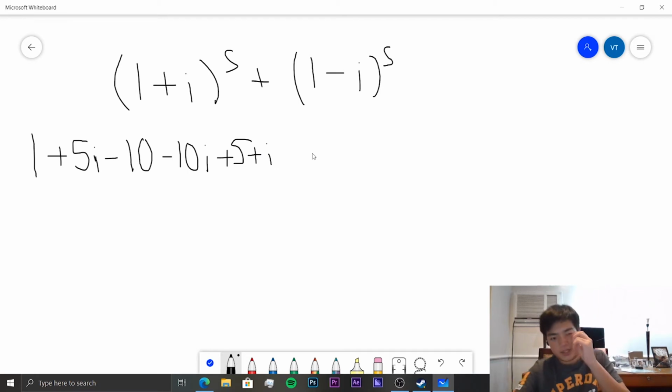I believe this is correct. And then plus 1. We start off with minus i this time. So 1 minus 5i.